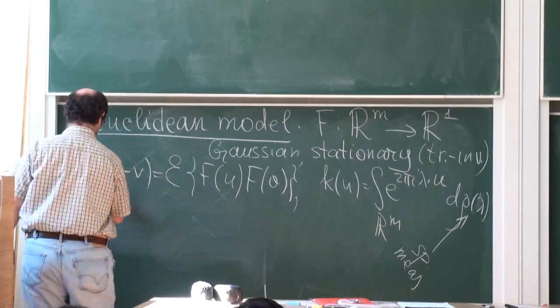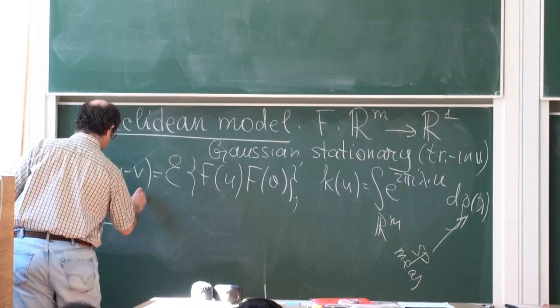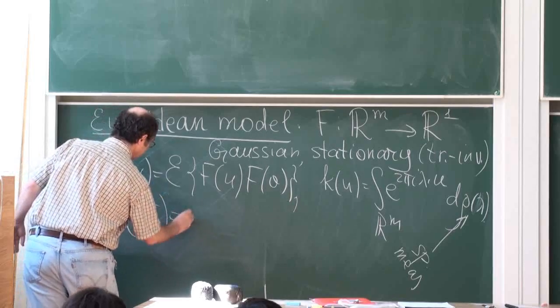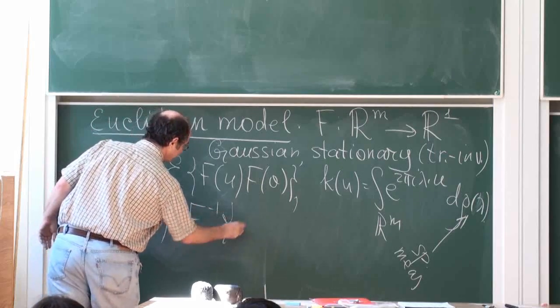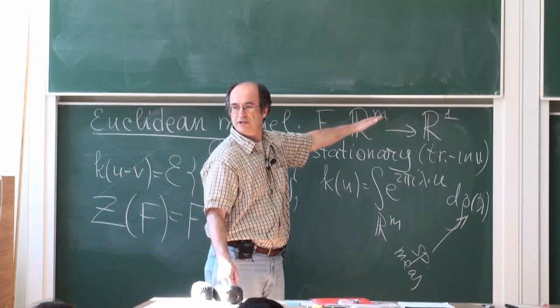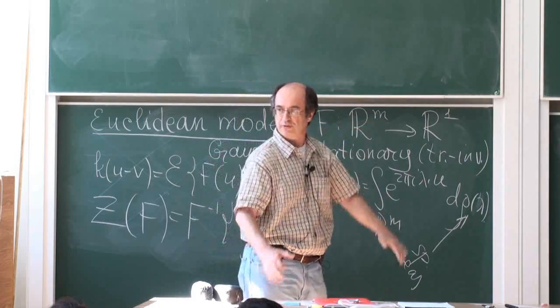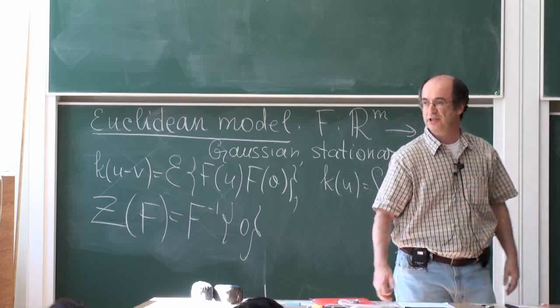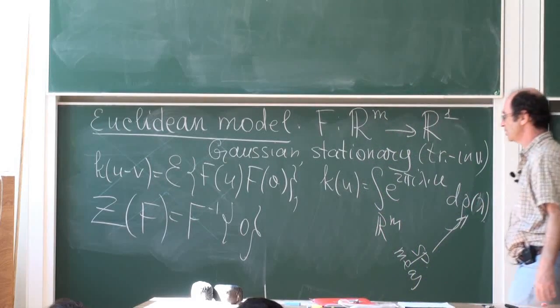And we denote by Z_f the zero set, the pre-image of the origin. So these are m-1 dimensional hypersurfaces. Almost surely they are smooth, no singular points.